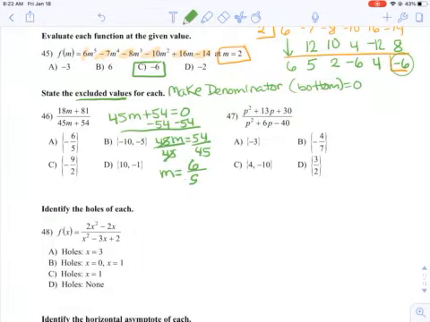And so we'll end up with negative, because this is a negative 54, 6 over 5.